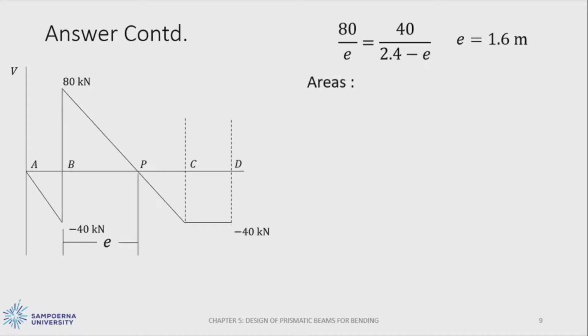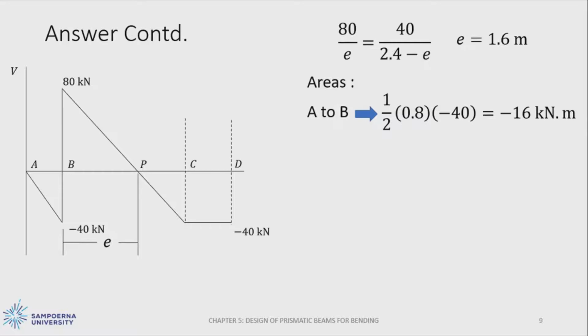Then by calculating the areas below the graph, areas here, here, here, and here, we can obtain the moment in the system. From A to B, we will obtain minus 16 kilonewton meter as the area.